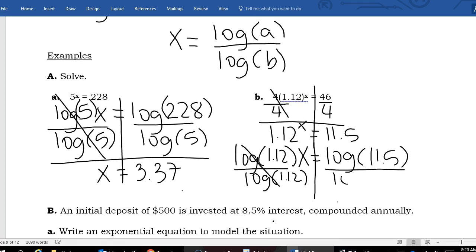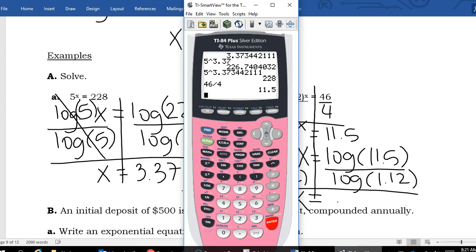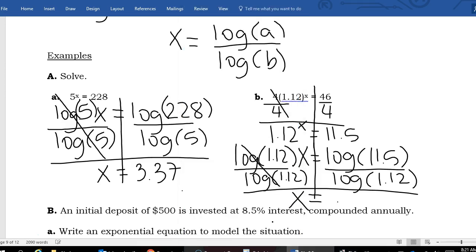And I can type that one in the calculator to get what my power would be. That is log 11.5, close the parentheses, divided by log 1.12. And I got 21.55.